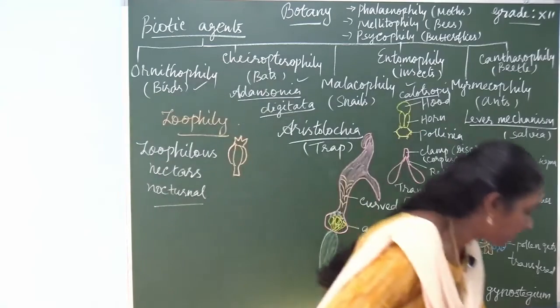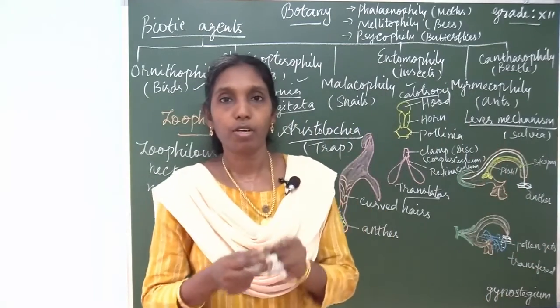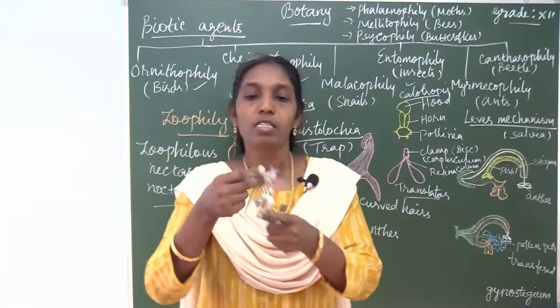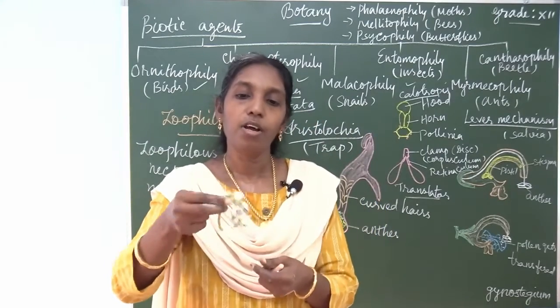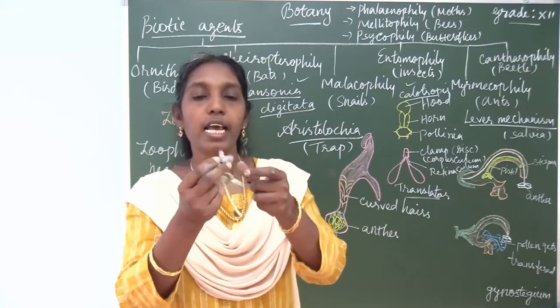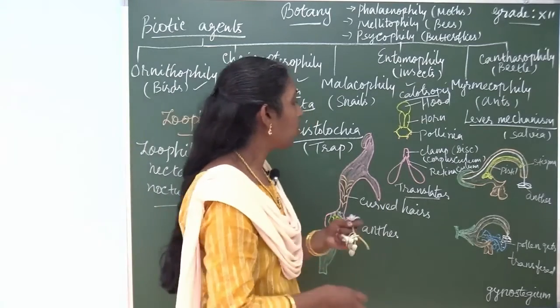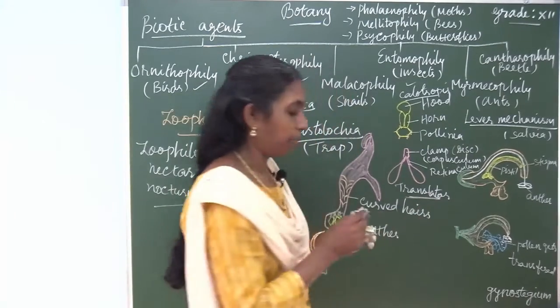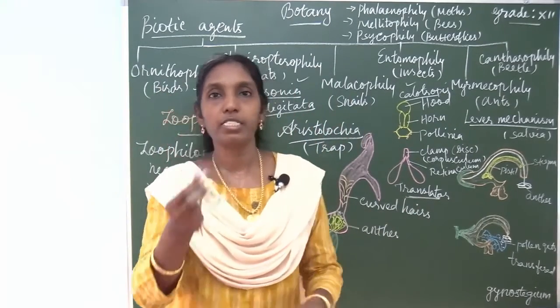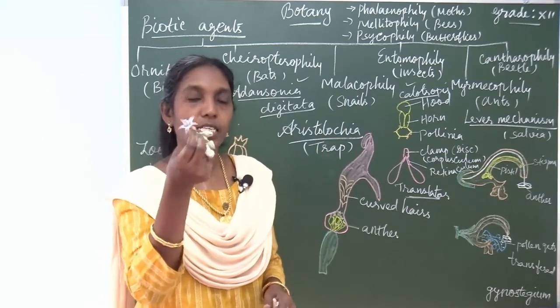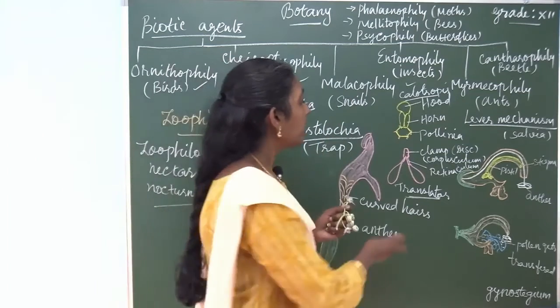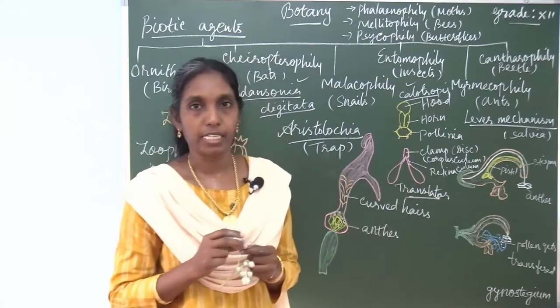Then another flower is there, Calotropis, a very common flower, you are all familiar with this flower. This flower is a cluster of flowers known as Calotropis. In this Calotropis there is a mechanism called the translator mechanism. The mechanism of pollination observed in this flower Calotropis is the translator mechanism.